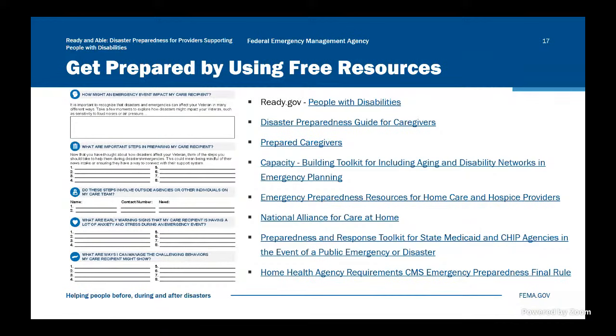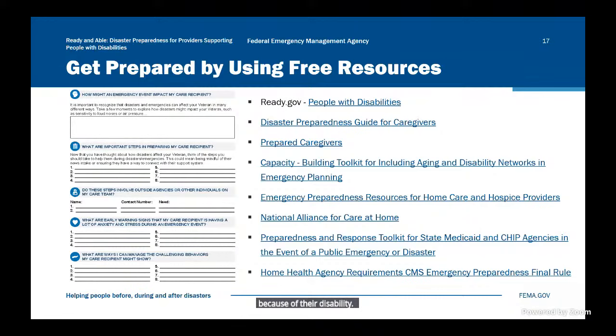And so this really teaches people about things like creating the go bag. So if someone had to evacuate quickly, it helps create the checklist of what items they would need because of their disability, like medications, durable medical equipment, things like that. So that's a good place to start.